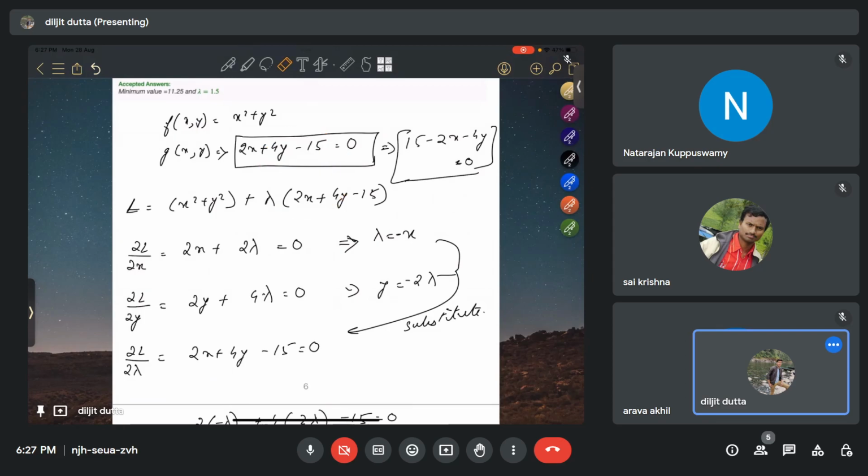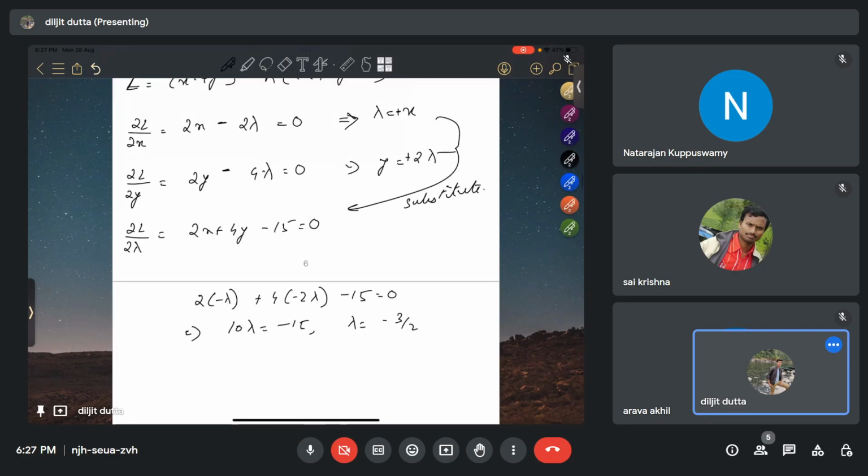So this will be minus lambda. So it will be plus x plus 2 lambda. So it will be plus plus. So lambda is equal to plus 3.2 1.5.